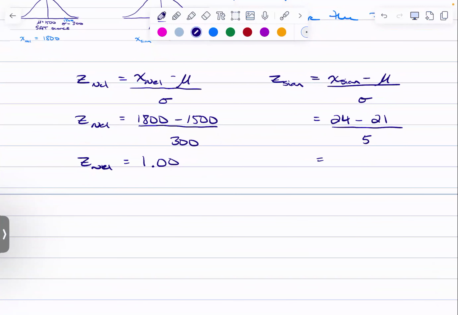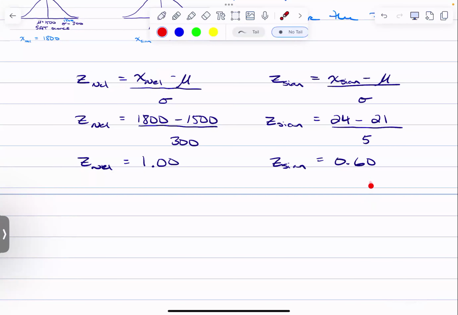I get a Z of 0.6. Old habits, because the Z table, old school, goes to 2 decimal places. Typically we do Z to 2 decimal places, but that's just me being picky and old.